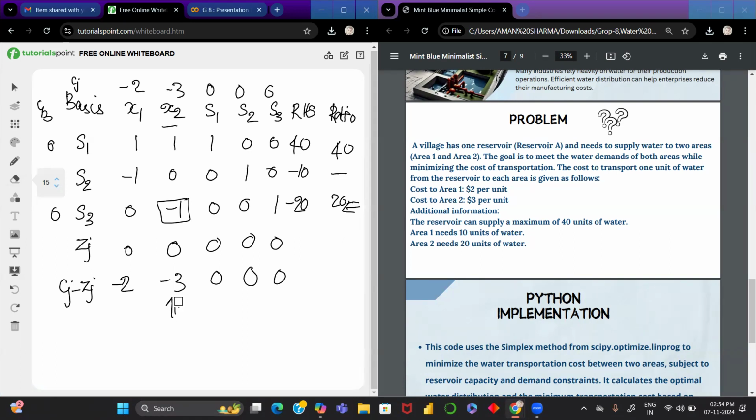We should make -1 as 1, and the remaining values in the x2 column should be 0 using row operation.